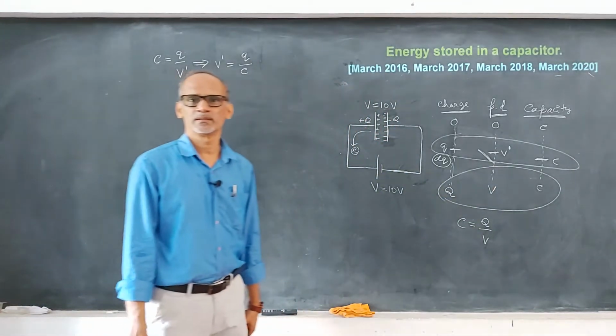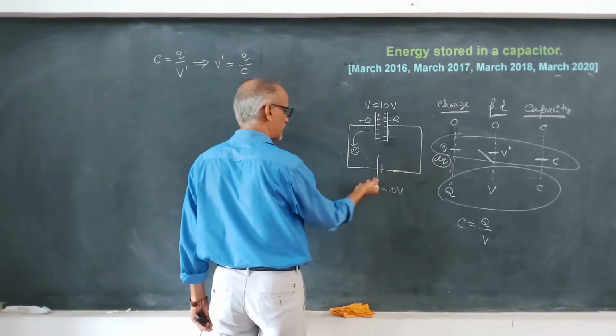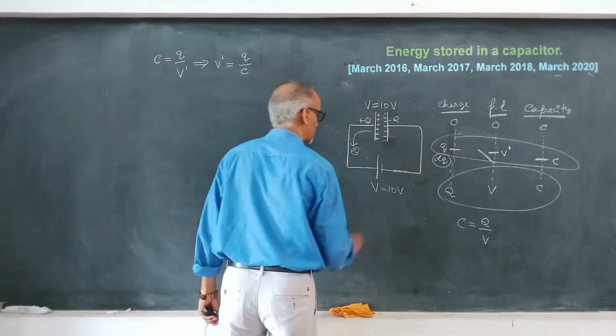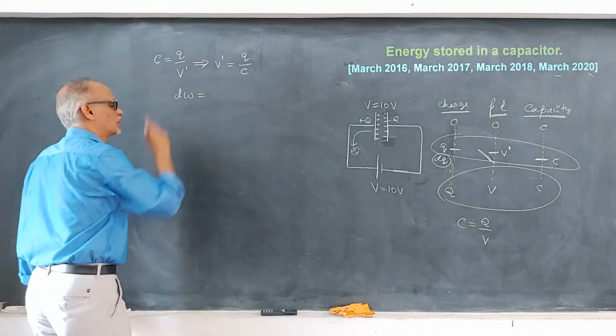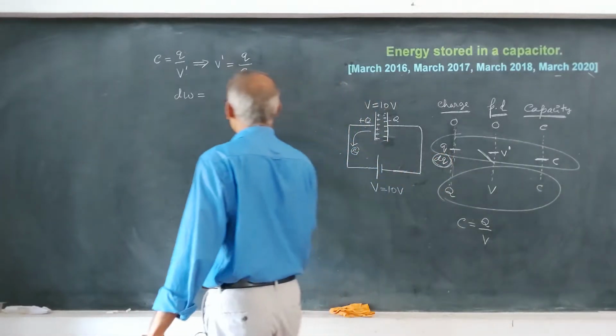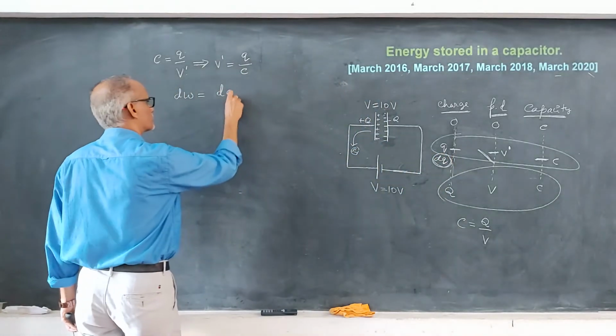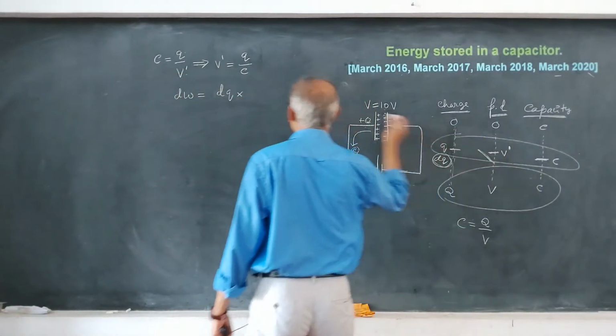So, what is the work done by the battery in transferring the charge? It is the battery which does this work. So the work done by the battery is given by dW, a very small work done, equal to the charge transferred, which is dq, into the potential difference at that instant, which is V'.